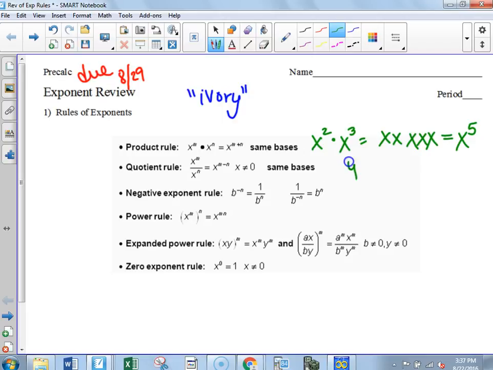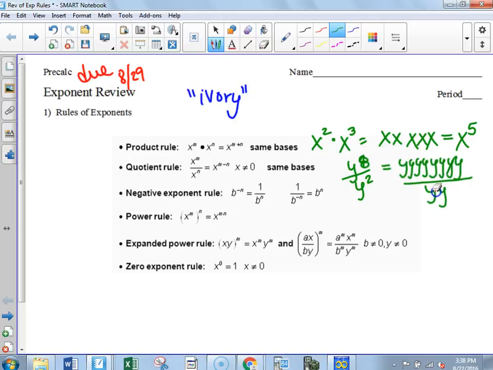If you had a y to the 4th over a y squared, that's not a good example. How about a y to the 8th over a y squared? If you were to write it all out, which is why I didn't want to go with that many, I think that's 8.